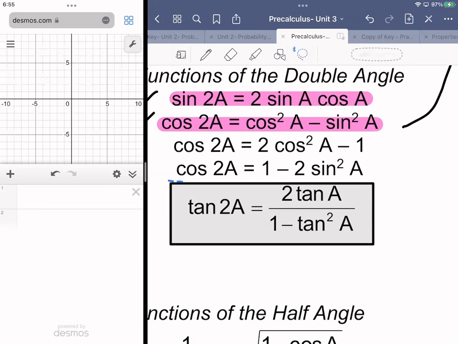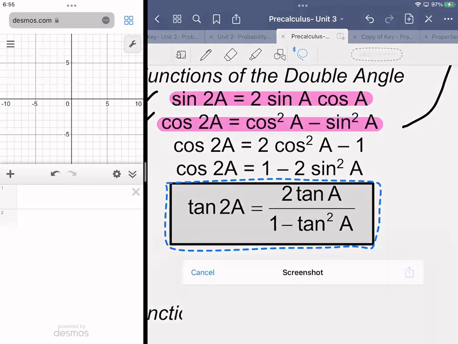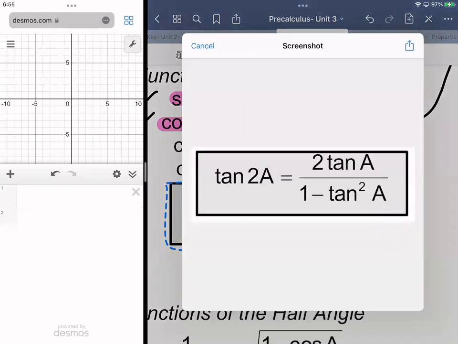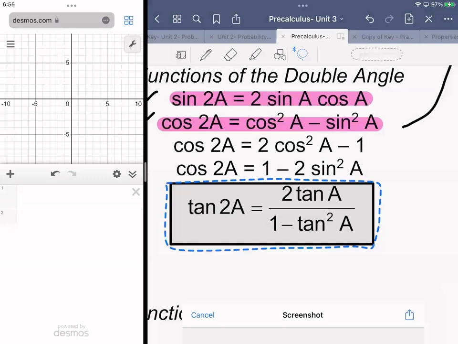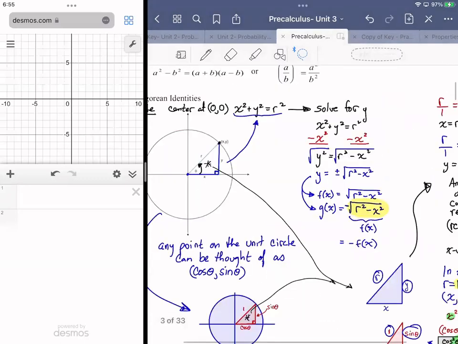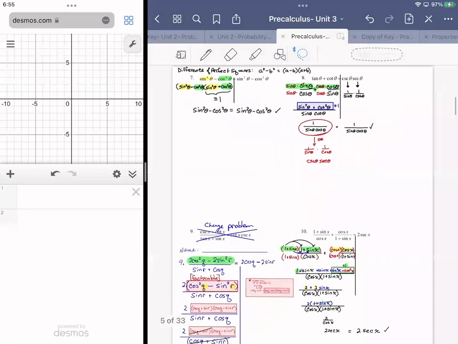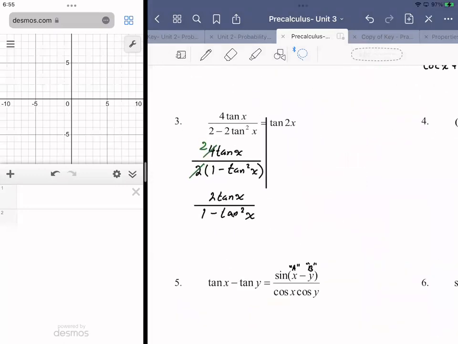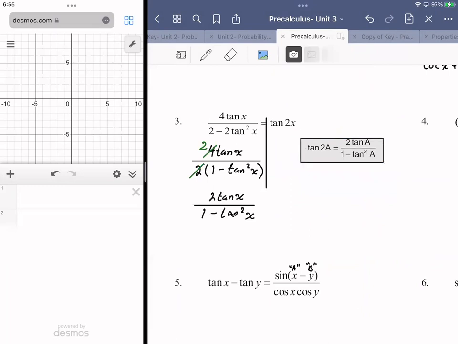Actually, let me just bring that with me. So this is a rule, and you see it's the same thing, where we have the same thing written down, except we're using x's instead of a's.